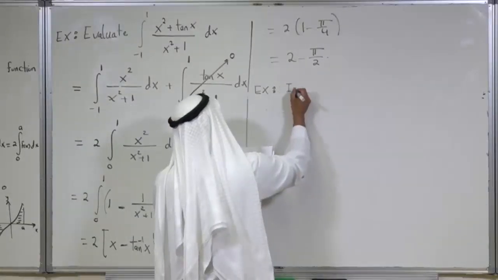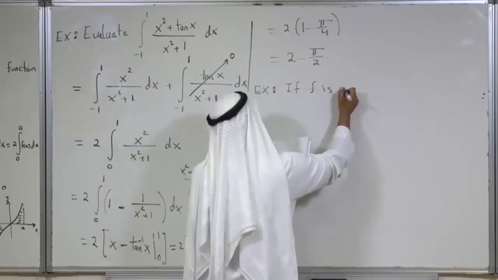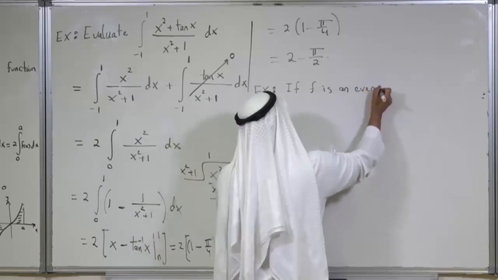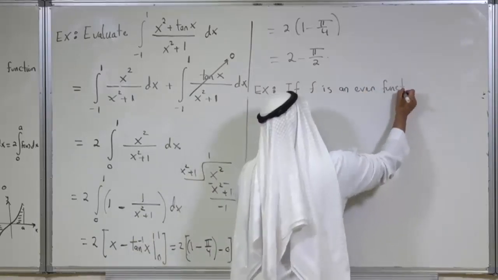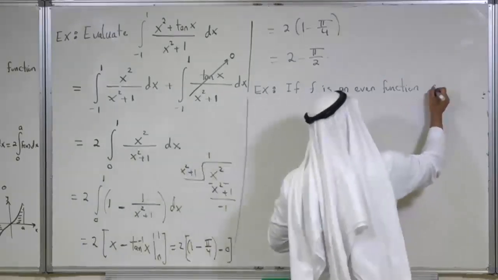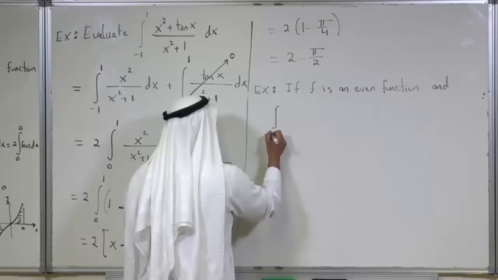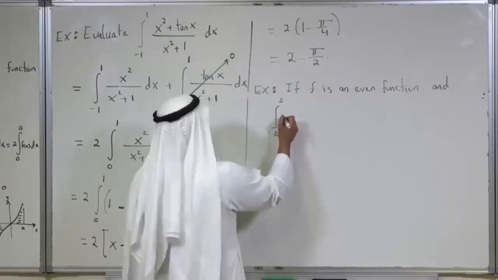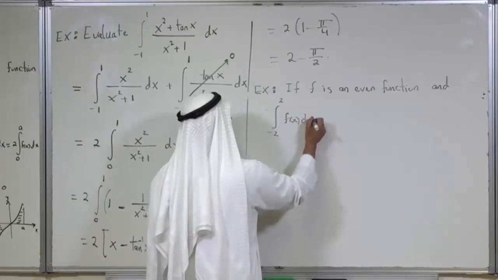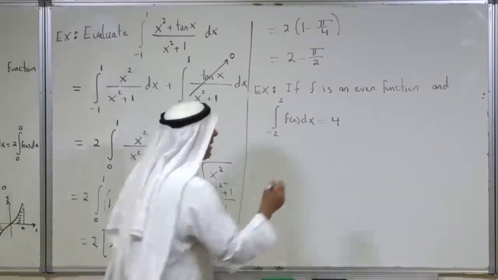It says, if f is an even function, and we are given that the integral from -2 to 2 of f of x dx is equal to 4. Okay, interesting.